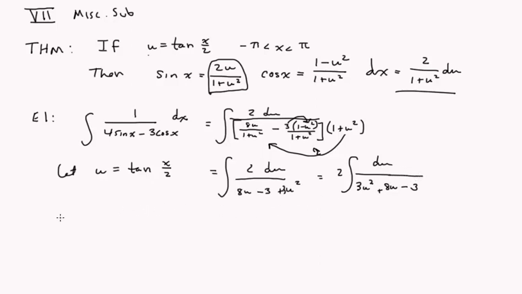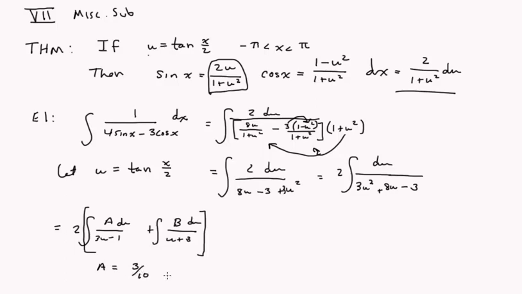There it goes. Continuing along, this is going to be 2 times the integral of a du over 3u minus 1, plus the integral of b du over u plus 3. I'll let you work out the details, but that comes out to be a is 3/10, b is equal to negative 1/10.